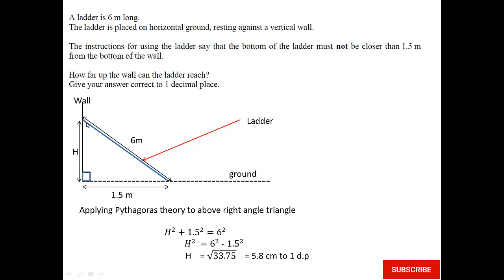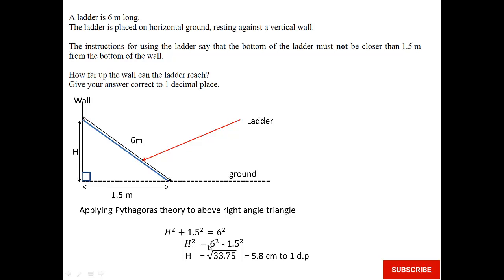By applying the Pythagoras theory, I can find out the vertical distance. As this is a right angle triangle, applying Pythagoras theory, h squared plus 1.5 squared is equal to 6 squared. Then by rearranging the formula, I can make h squared the subject.